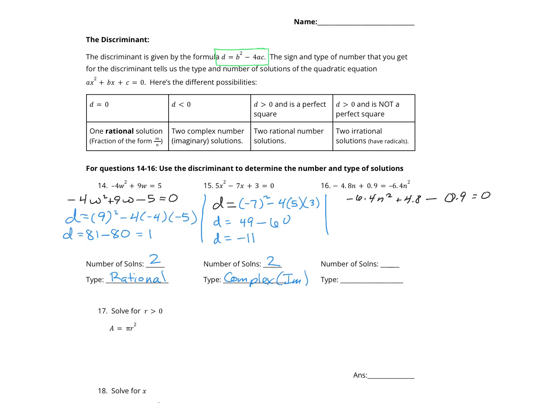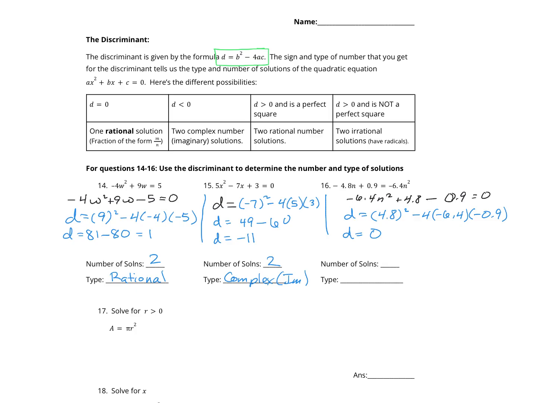Once again, we find our discriminant. That discriminant is going to be b squared, so that's 4.8 squared minus 4 times the a number, which is negative 6.4, times the c number, which is 0.9. And when you plug this into a calculator, you get 0. Again, 0 is not a solution.